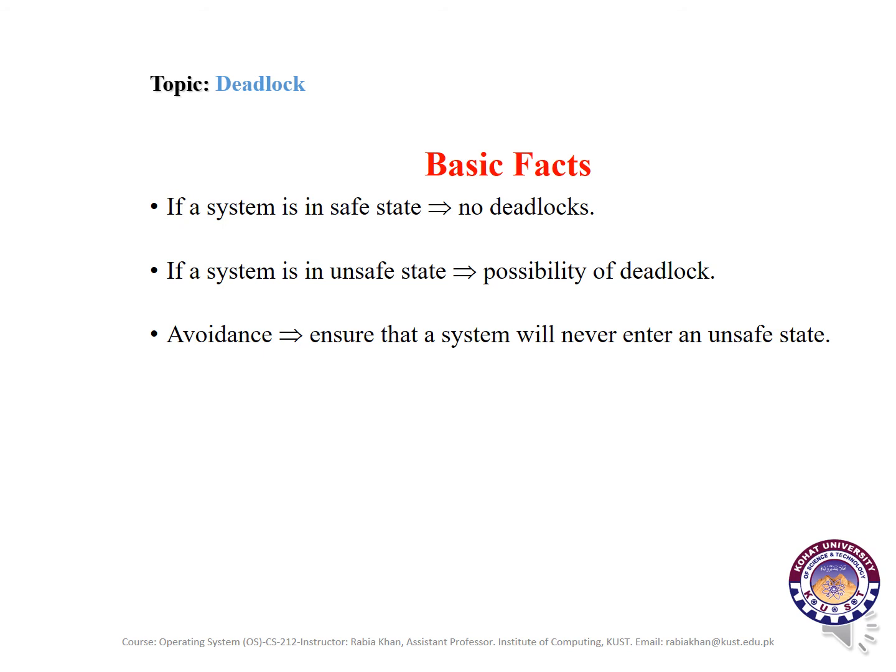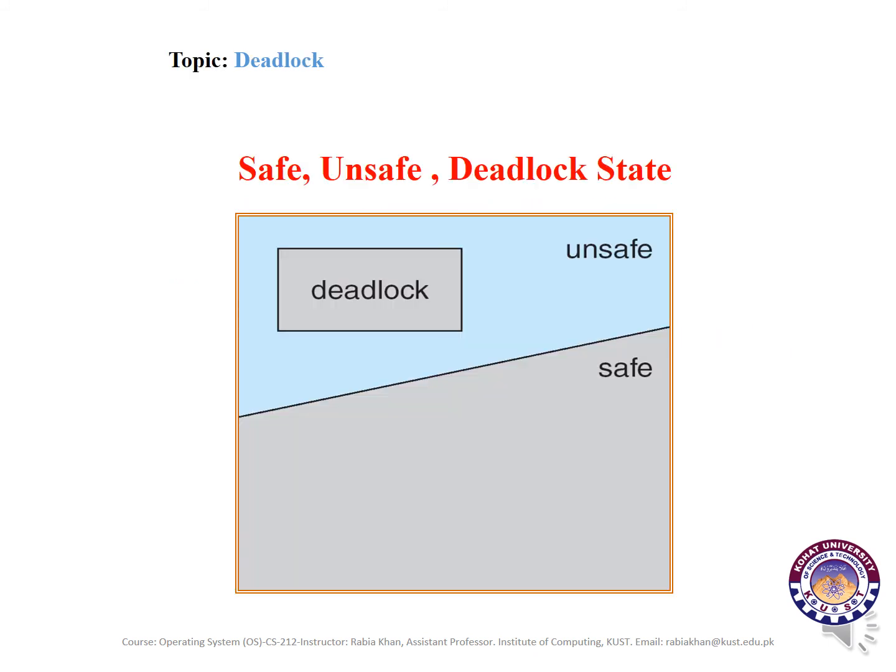The deadlock avoidance algorithm ensures that the system will never enter the unsafe state. There is a very slight margin between safe and unsafe states. One single process can make the system enter the unsafe state where there is a possibility of deadlock, while safe state is deadlock free, as you can see in the figure.